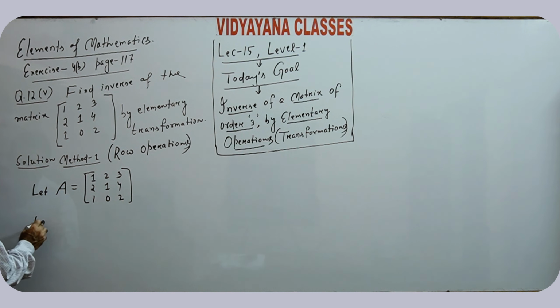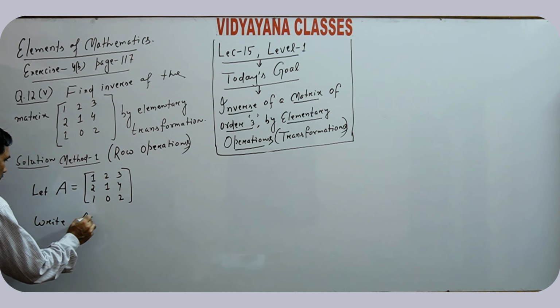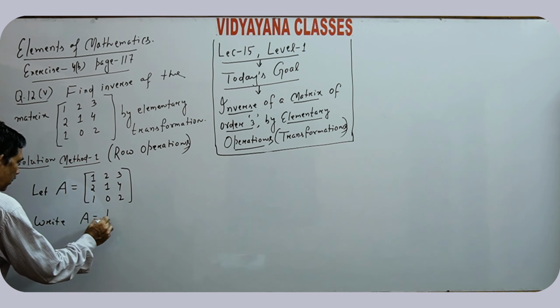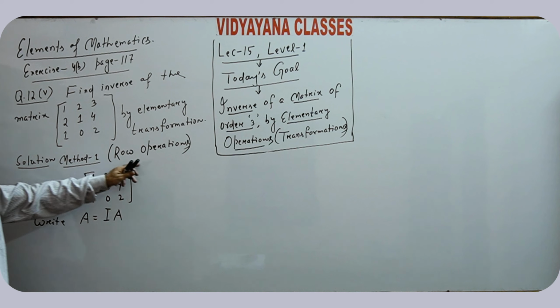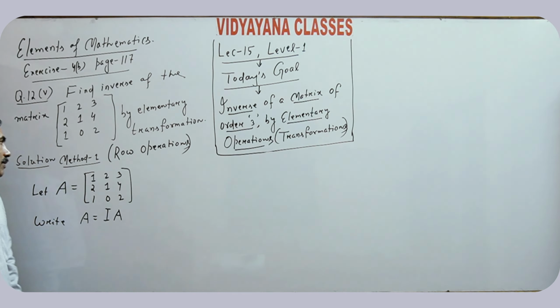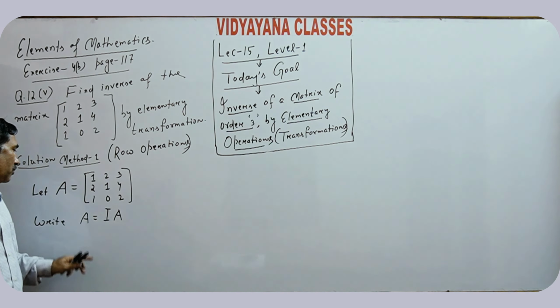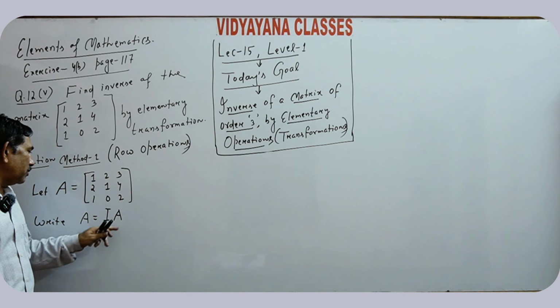Write A is equal to IA. In row operation, we write A is equal to IA. In column operations, we write A is equal to AI.